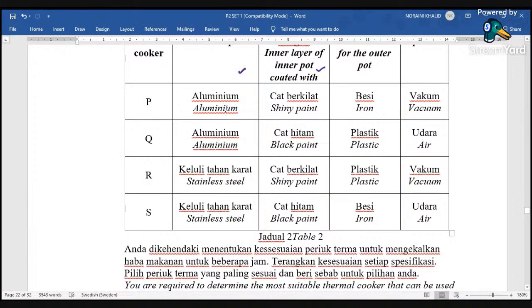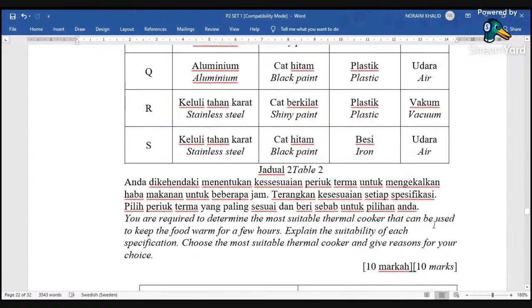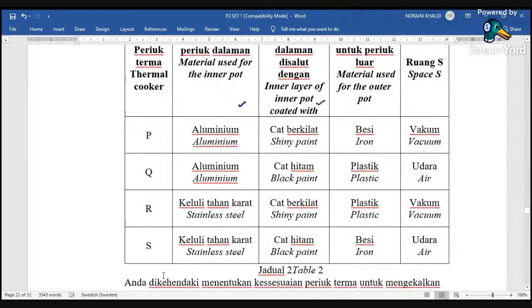We have 4 choices here, P, Q, R, S. You are required to determine the most suitable thermal cooker that can be used to keep the food warm for a few hours. Explain the suitability of each specification. Choose the most suitable thermal cooker and give reasons for your choice. Your answer is just based on this table. No need to go and find other points, but if you want to add in, you can.